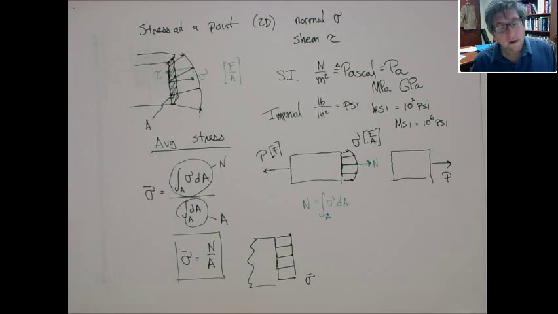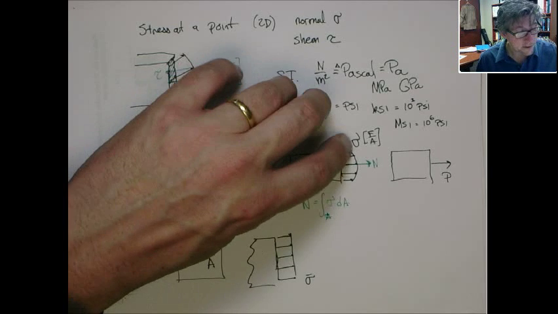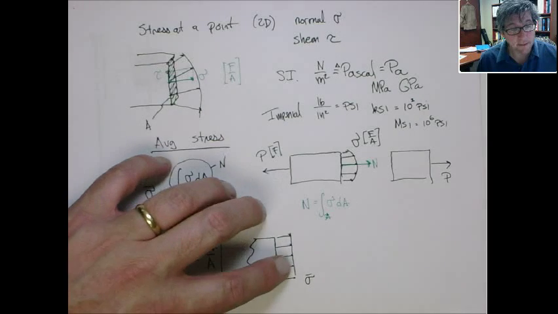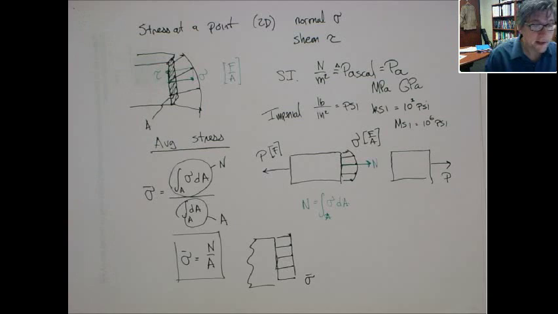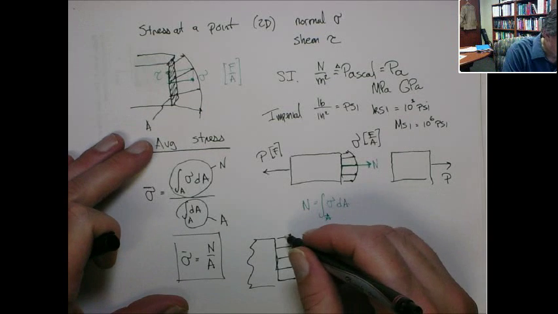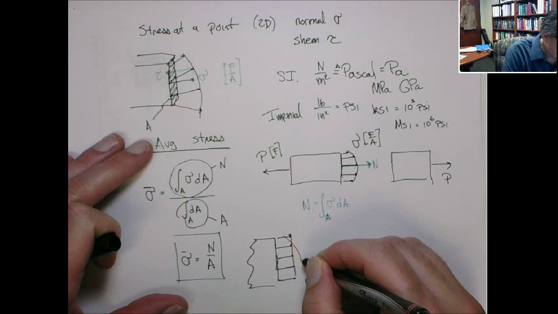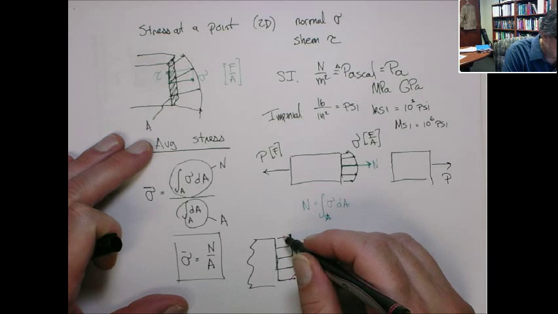All right? If the actual distributed stress was uniform, then sigma, the stress at a point, would exactly be equal at every point to the average normal stress, right? In reality, it's typically not. You know, we might have a parabolic or some distribution, right?